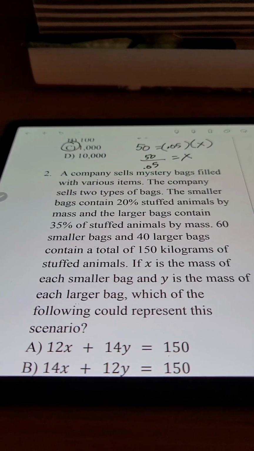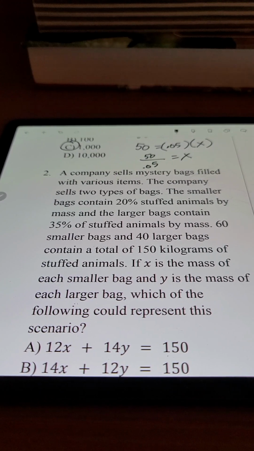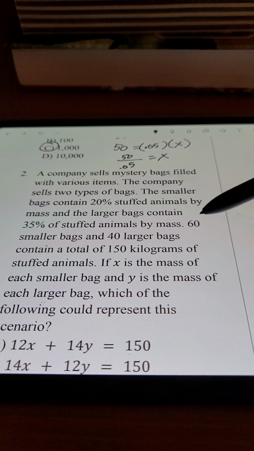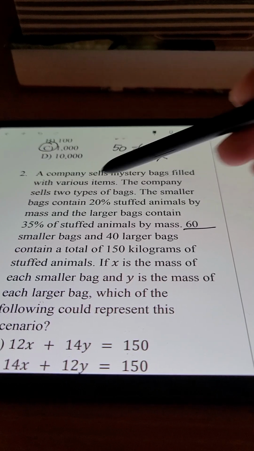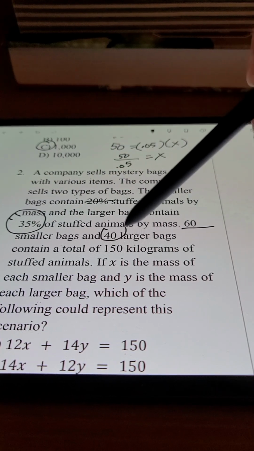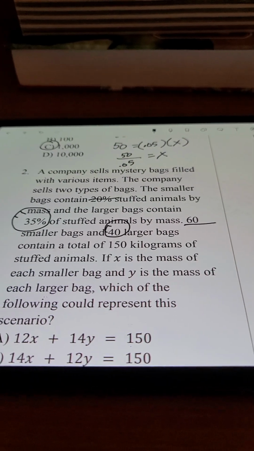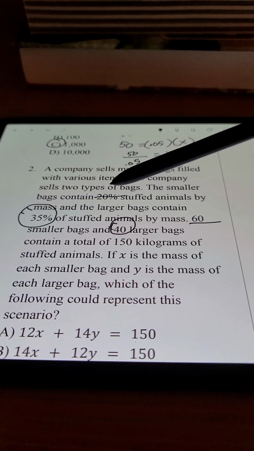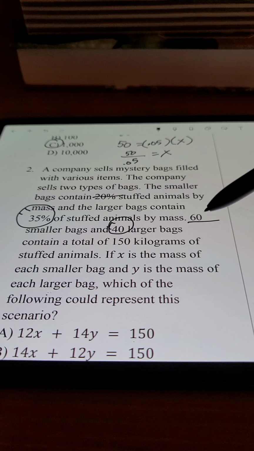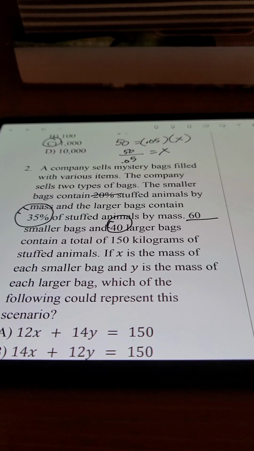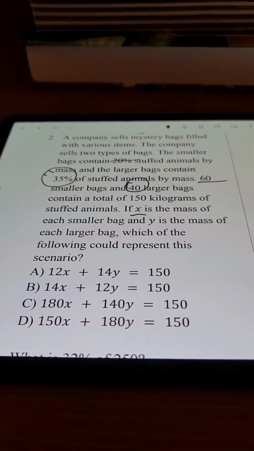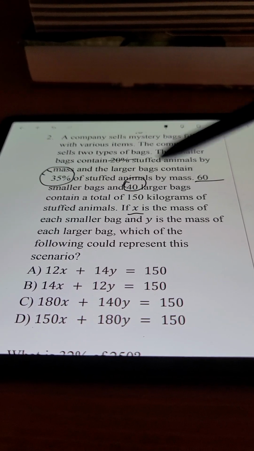So we have the smaller bag is 20% stuffed animals by mass, and it's also corresponding to the 60. So these guys match, and then these guys match because they're talking about the larger bags. So we would have to multiply 20% as a decimal, 0.20 or 0.2 times 60, for the smaller bags, which also matches up with x as a variable because that's the mass of each small bag.